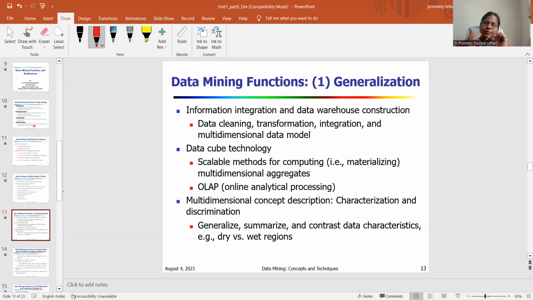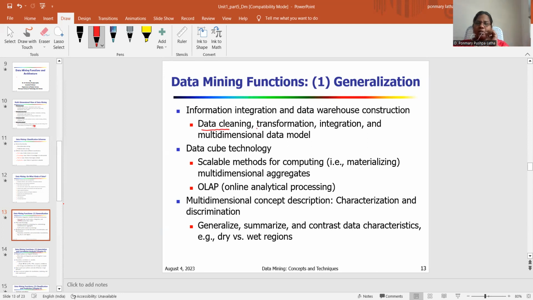We already know the data mining process. We know about data cleaning. Data cleaning is pre-processing the data; we just clean the data.